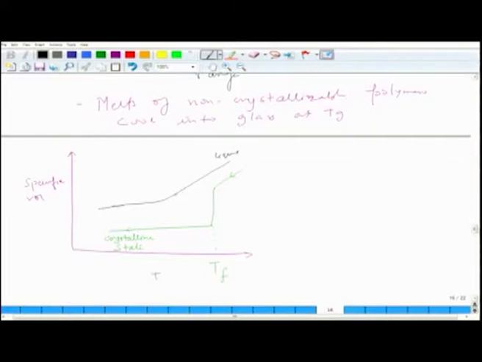This change in the slope is basically indicative of the glass temperature, and this is basically nothing but the glassy state. Now it depends on the rate at which you are quenching it. For example, if you quench in a different way, it may happen that it occurs somewhere here. So that means you can have different glass temperatures depending on the quench rate. Now typically this is the liquid, and at this point it will be something like a rubbery state.